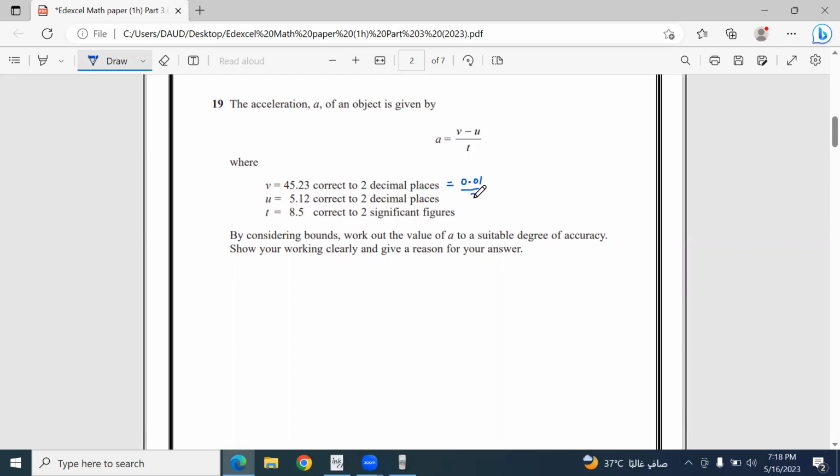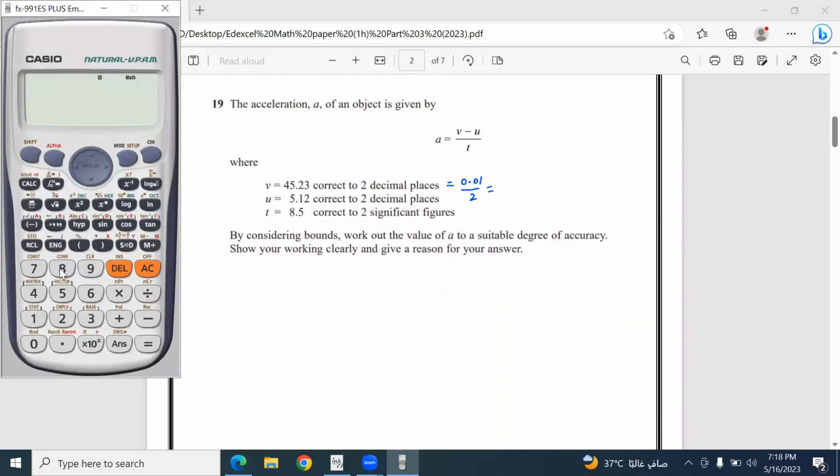So half of this, I hope it is 0.005, but we will check in the calculator as well. 0.01 divided by 2, that gives us, let's have a look.